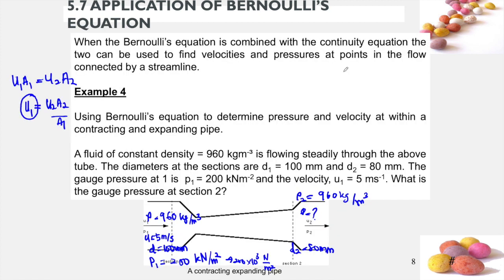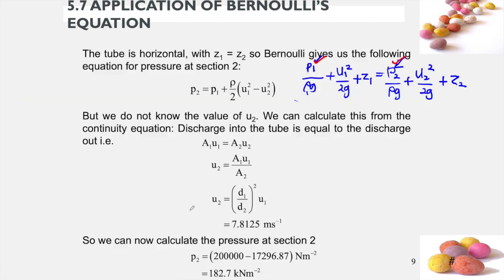Okay, if the area at point 1 and point 2 is the same, therefore you can exclude or remove the U terms.